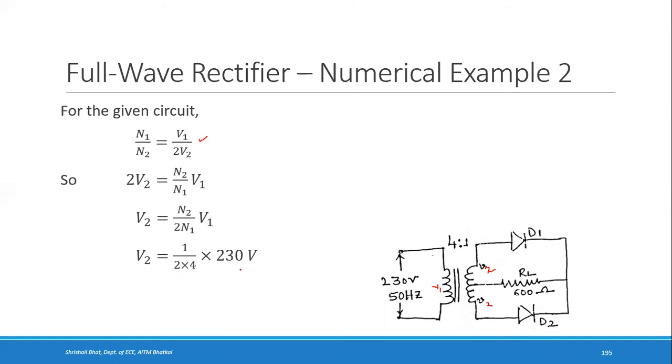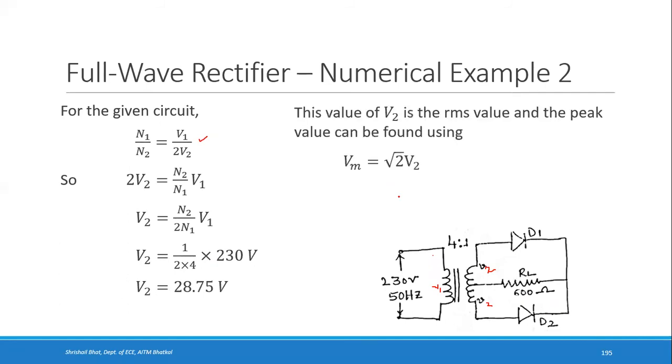So if you calculate 230 divided by 8, what is V2? It is exactly 28.75 volts. This is my value for V2. Now once you get V2, you can find Vm.